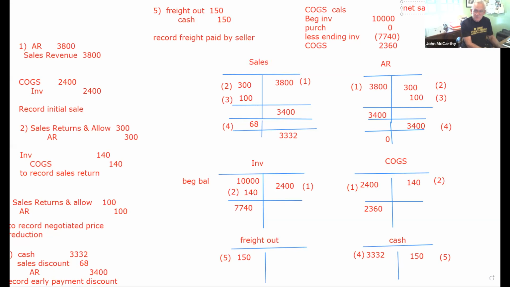Net sales. That's the 3,332. That's what you begin with at the top of the income statement. Okay. Cost of goods sold. And that's 2,360.